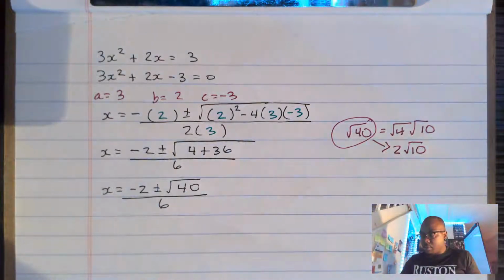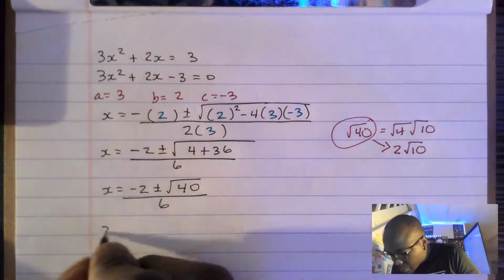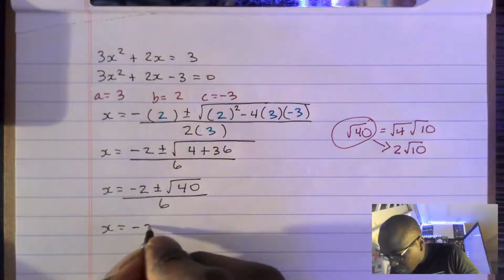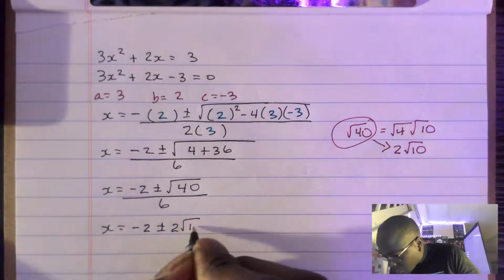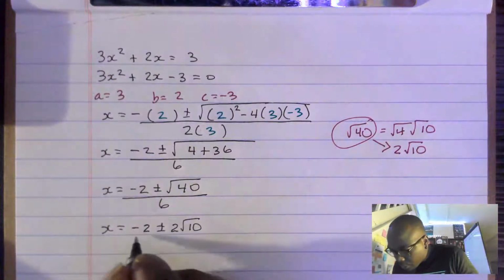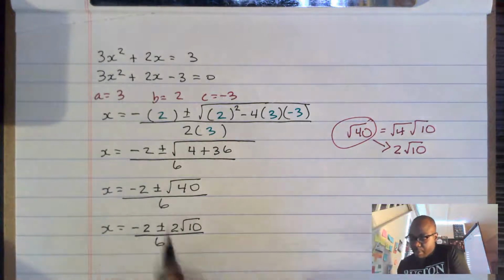So I can rewrite the radical of 40 as 2 root 10. I'm going to substitute this into the equation. So x equals negative 2 plus or minus 2 root 10, all over 6. Now this can be simplified if I factor out the 2.